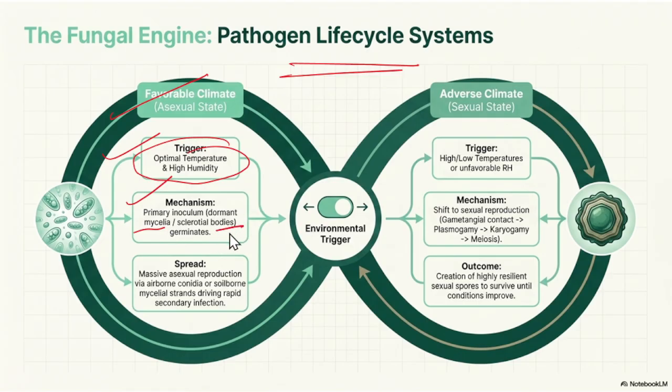Then sclerotial bodies germinate and cause the disease on the first plant. Then in the spread, this first plant produces many conidia, and that conidia is transferred to the second plant, and that is called the secondary infection or secondary inoculum.